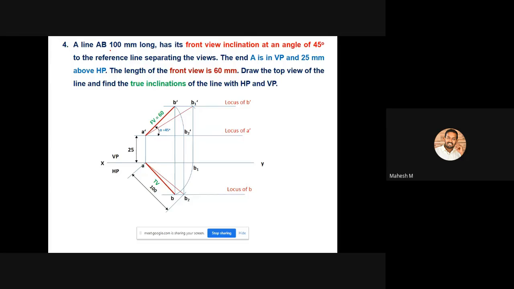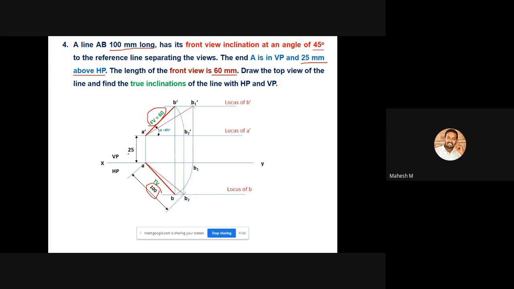You have to mention the true length, the angle of front view that is 45 degree, the dimension 25 mm above HP, and the front view length. You should not mention it like this; it is only for our reference. So you have to mention it like this for the front view.